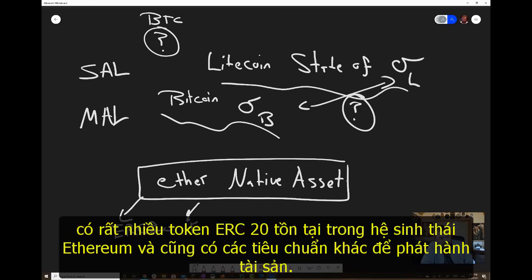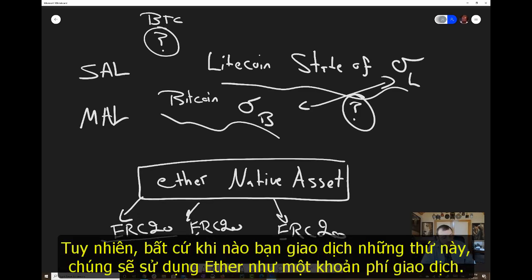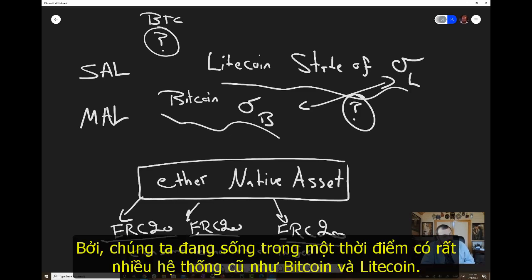And there's lots of ERC20 tokens that exist in the Ethereum ecosystem. Okay, and there are other standards for issuing assets as well. However, whenever you transact these things, they consume Ether as a transaction fee.